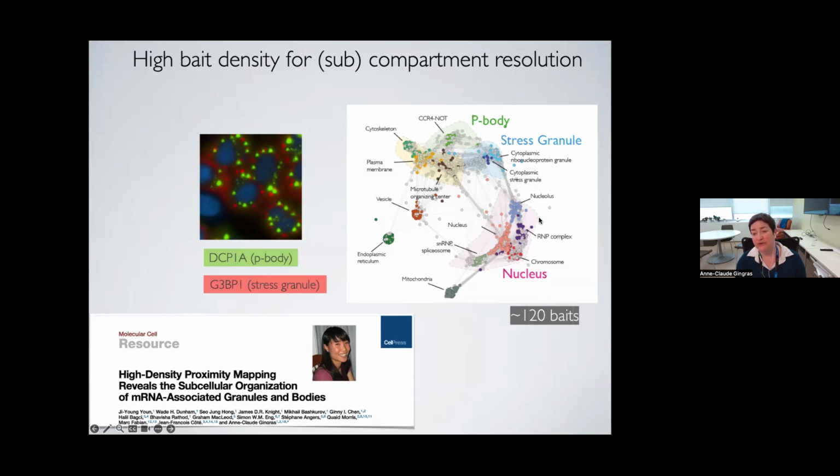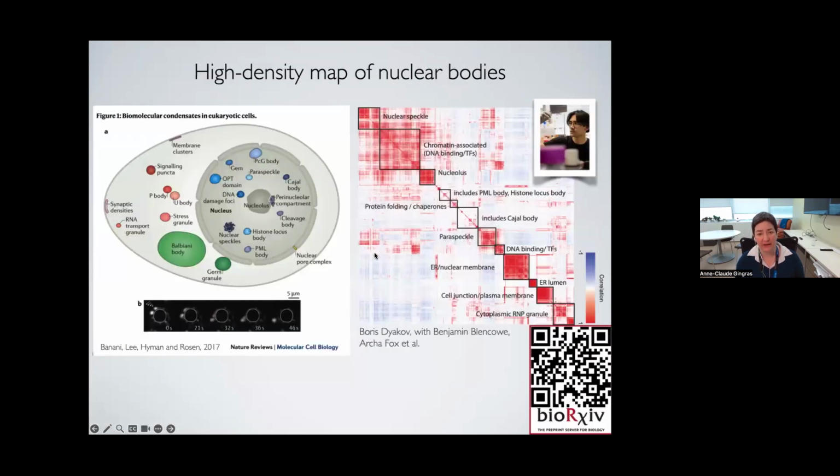We also were able to hint through this particular work to the structures inside the nucleus, including the nucleolus itself, and a number of different structures that we now recognize to be nuclear bodies. So really the point here is that if you do those experiments in high density, you can get very, very fine resolution to the composition of organelles, including membraneless organelles.